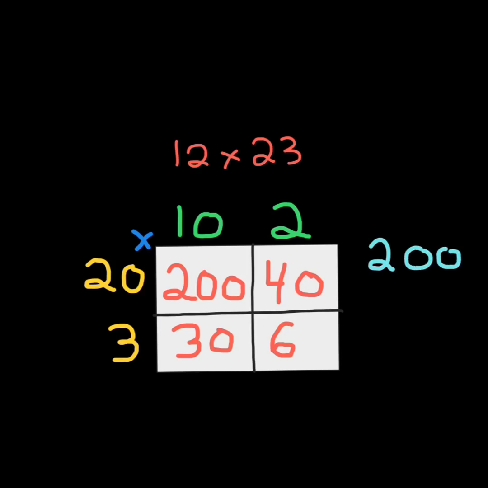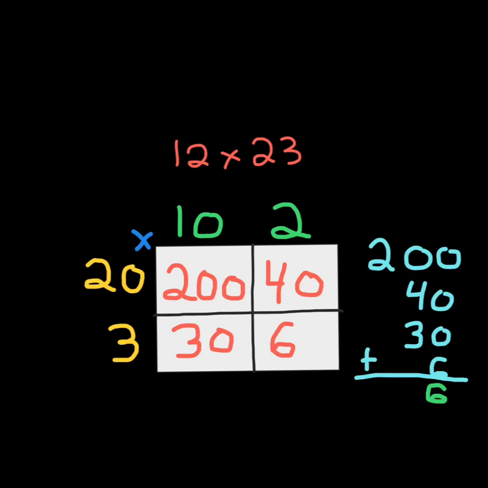Then my next number, which is 40. My next number, which is 30. And my last number, which is 6. And this, of course, is all going to get added up. So my first one is to add up 0 plus 0 plus 0 plus 6. And the answer to that is 6.